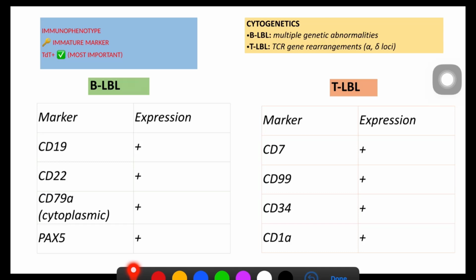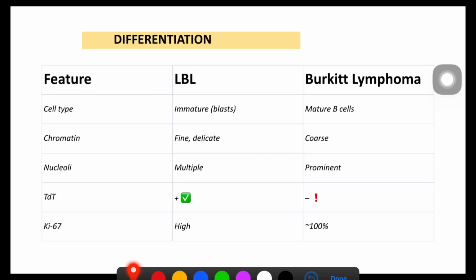And cytogenetically, BLBL has multiple genetic abnormalities, whereas in TLBL there is TCR gene rearrangement, mainly alpha and delta loci. Differentiating it from Burkitt is done with the help of immature blast-like cells, whereas in Burkitt there are mature B cells, and TdT is the helpful marker.